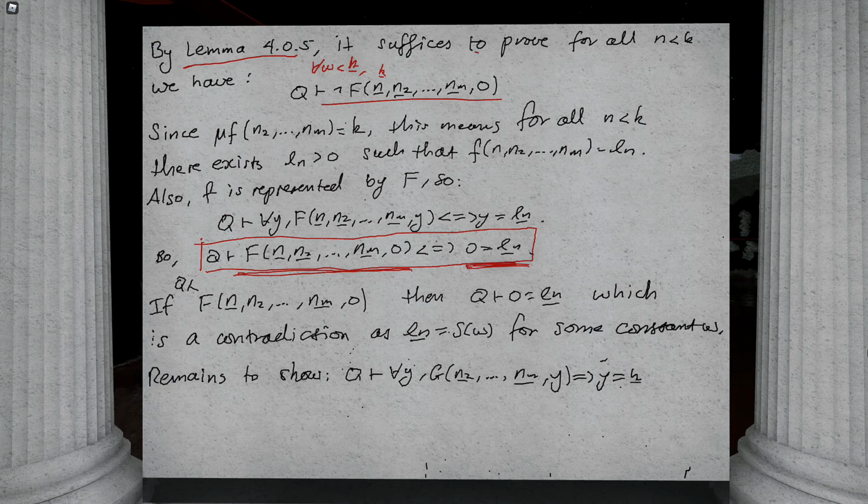But I am proving a meta-theoretic thing. There is an interplay between meta-theoretic and just theoretic things here, because I'm proving that for all n's less than k, Q can disprove this thing, right? And I claim that once you have that statement for all n, then you can construct a proof tree that actually shows you the original thing that you're after, which is this, but without that implication head, right?